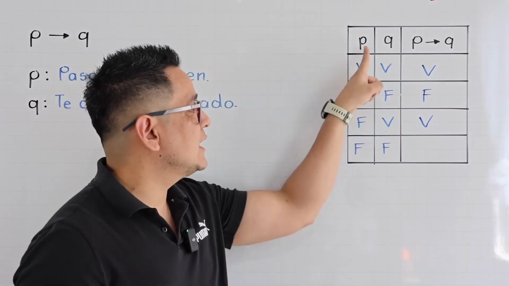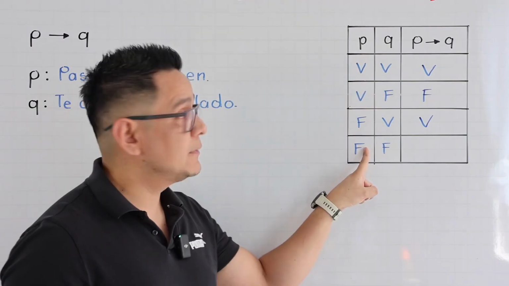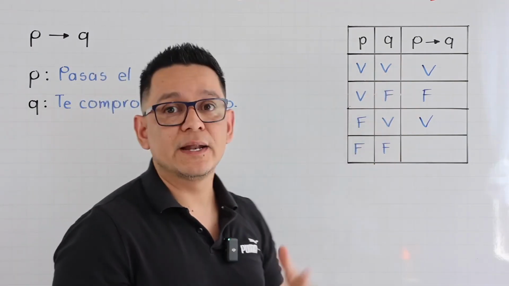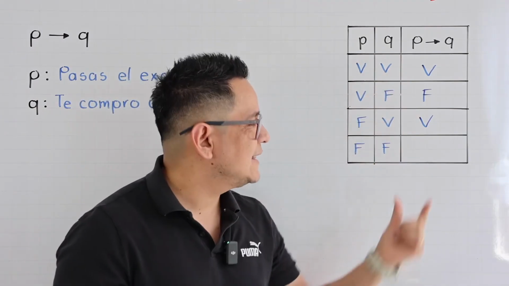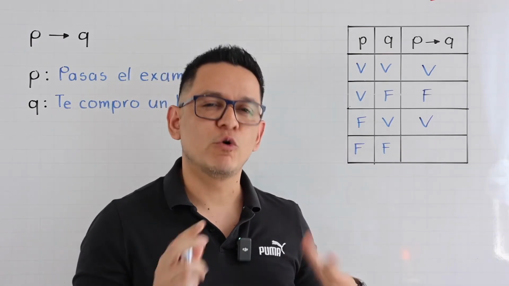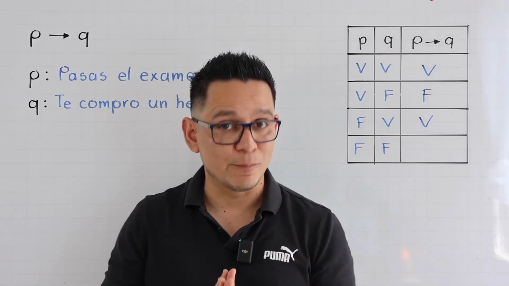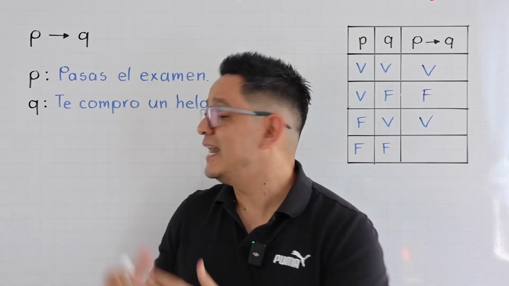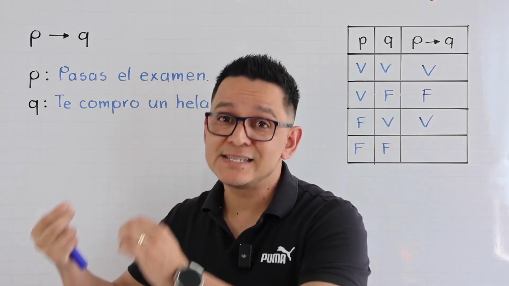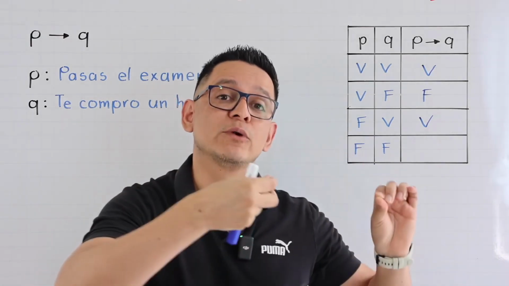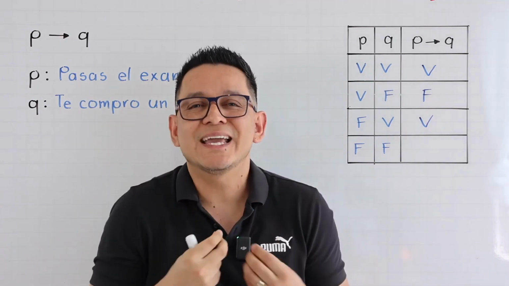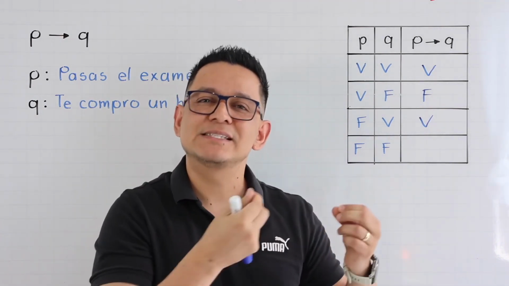Finally, we have that it's false that you passed the exam, and it's false that I bought you the ice cream. Let me ask you, what do we have to put here, true or false? Again, analyze it a little more. Don't forget that the condition was, if you pass the exam, then I'll buy you an ice cream. Again, I said what was going to happen if you passed the exam.